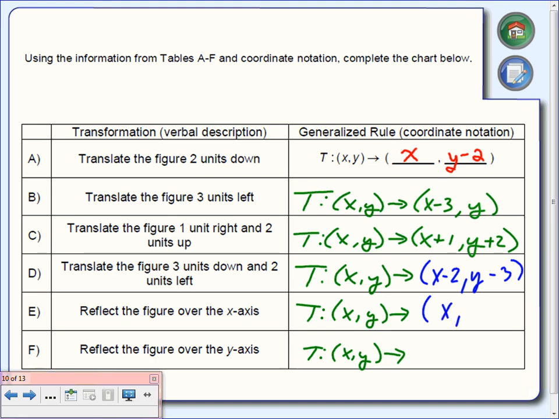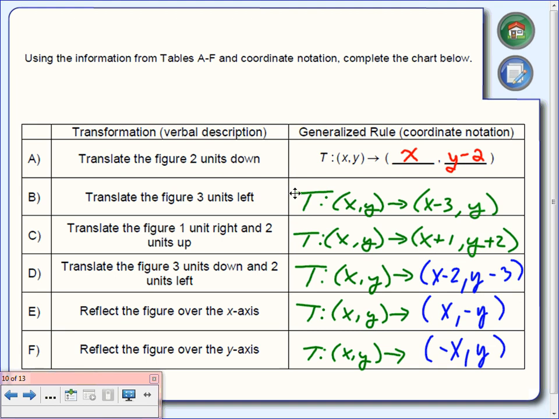X, negative Y. The only thing that happens here is the Y values change signs. And the last one is just the opposite. This one is a reflection over the y-axis, which means I should have negative x, y. So this one has the x's change their signs. All right, so this again is called the coordinate notation.